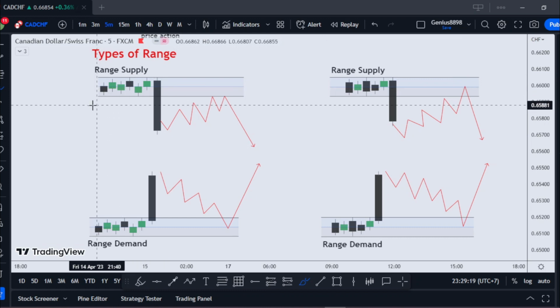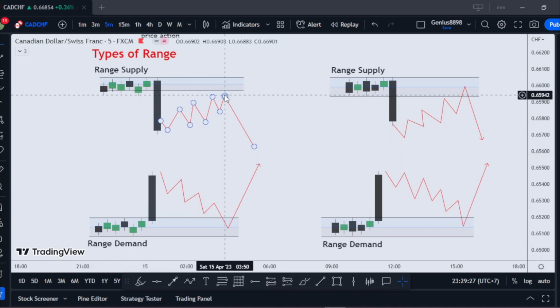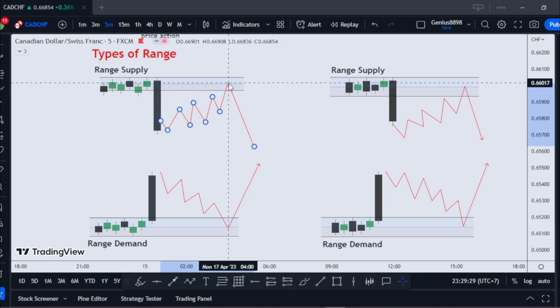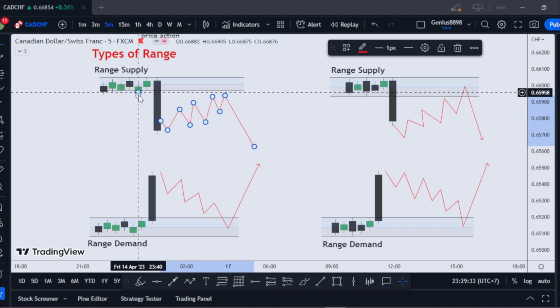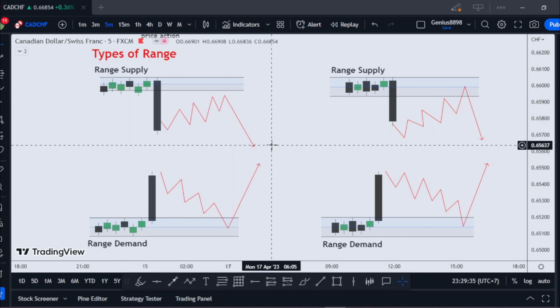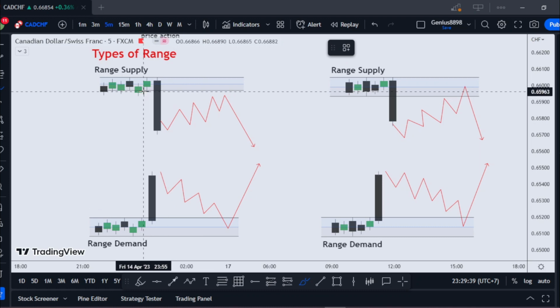And the reason you want to use both of them and not just one is that, for example, you use this one right here, right? And price can come back and it didn't really go to that range. It just comes to right here, which touched this candle, and it starts to reverse. And that could happen, right? So that is the reason why you want to use both of the candles.